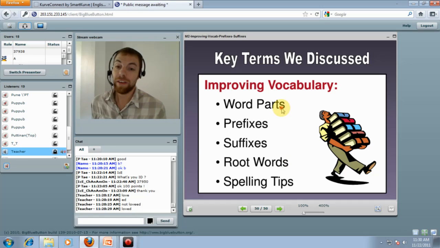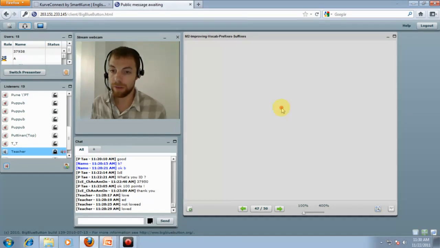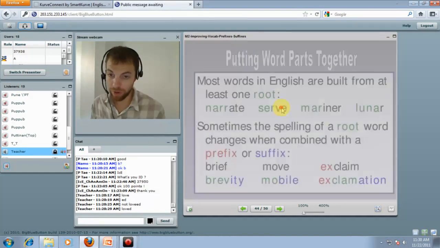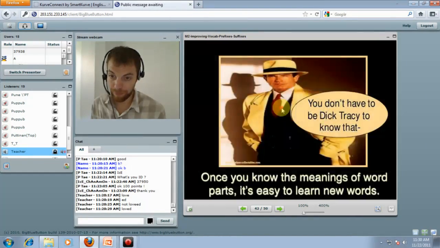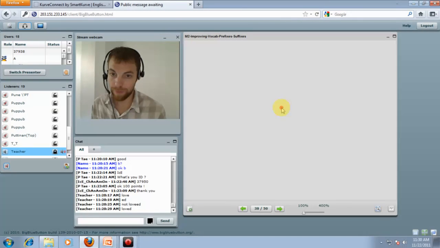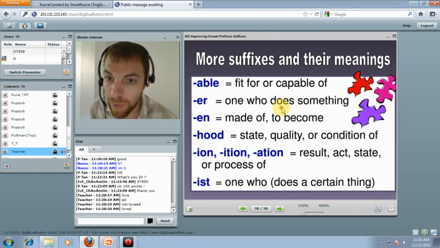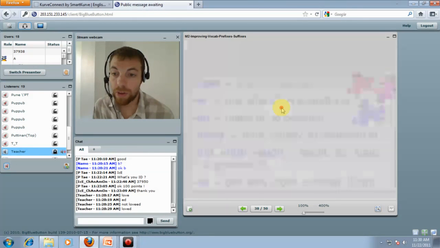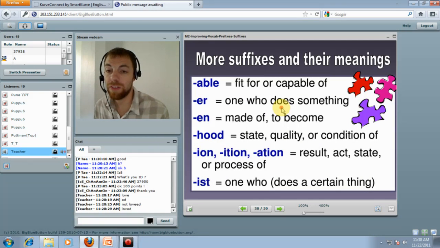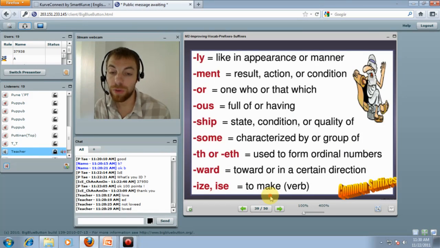All right, so we learned a lot today. Going back, it's very important to remember our suffixes. So I want you to study this slide and look for these suffixes in words. You will see them in many, many words.